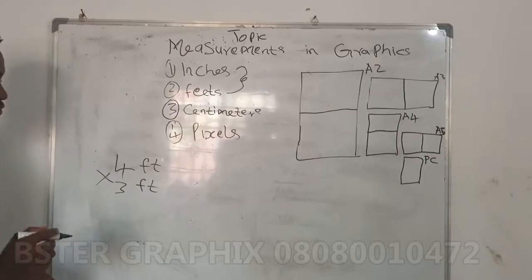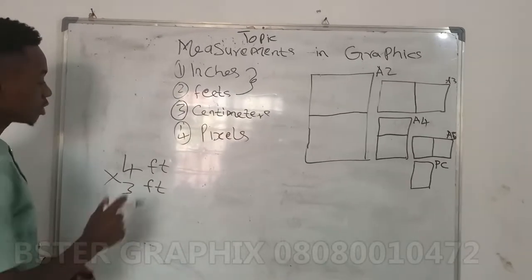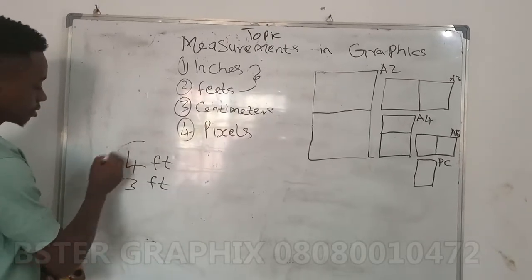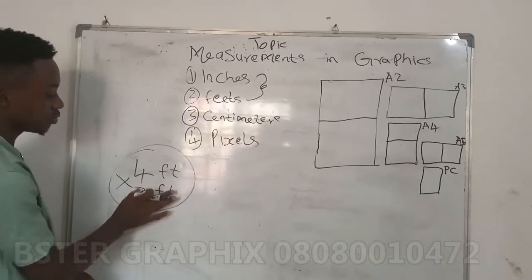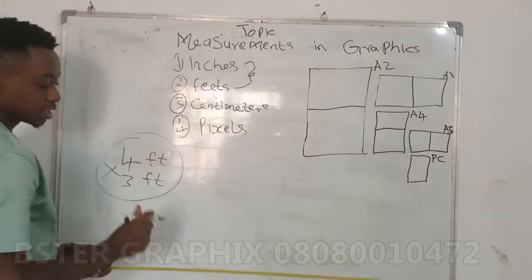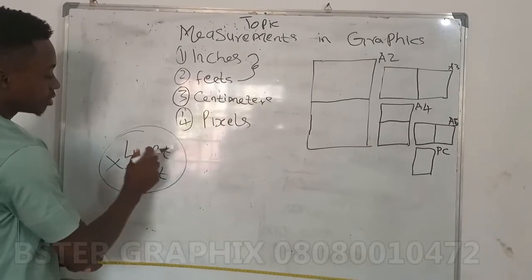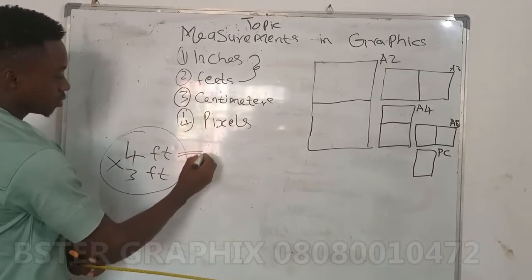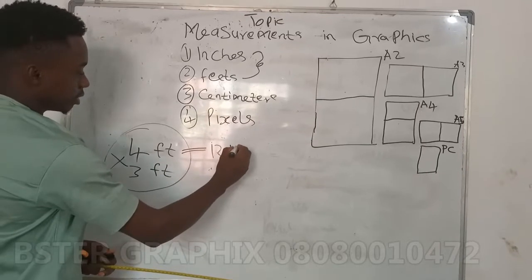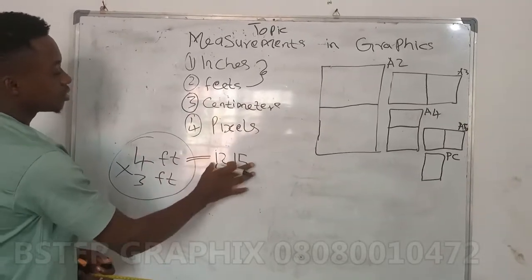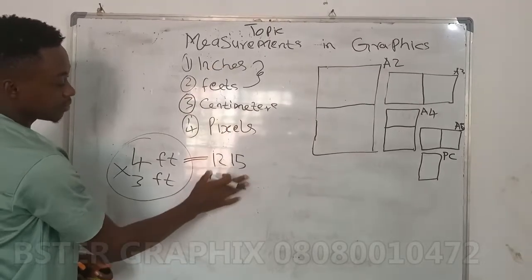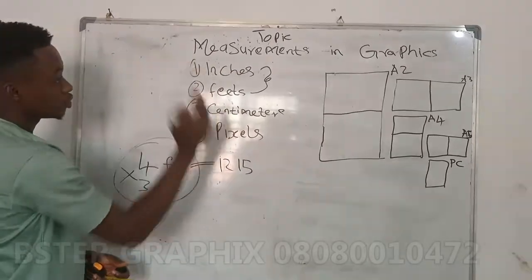So what I'm going to do now is, Photoshop doesn't measure in feet. Remember, Photoshop doesn't measure in feet. So for me to get this measurement in Photoshop, remember I told you that 1 foot is equal to 12 inches. So I'll convert this feet into inches for me to get this particular size in Photoshop.